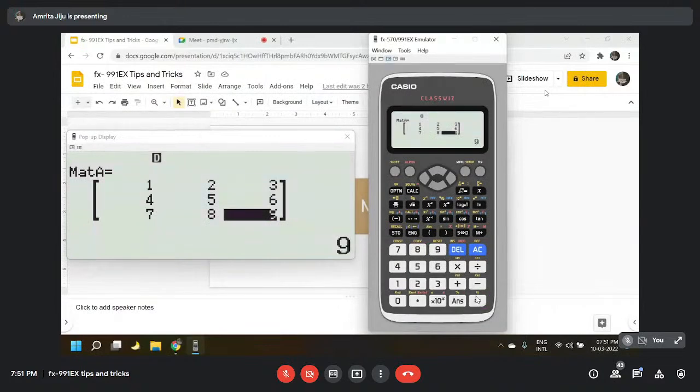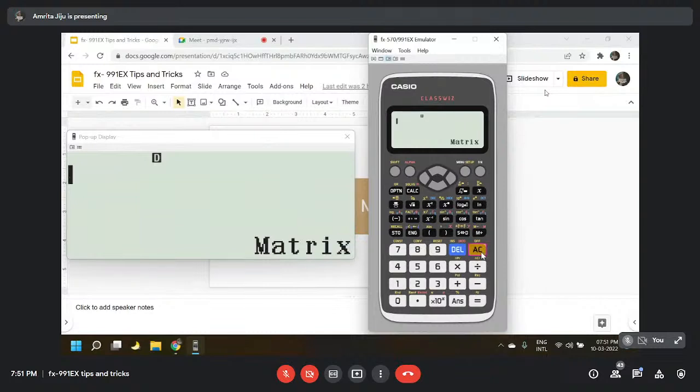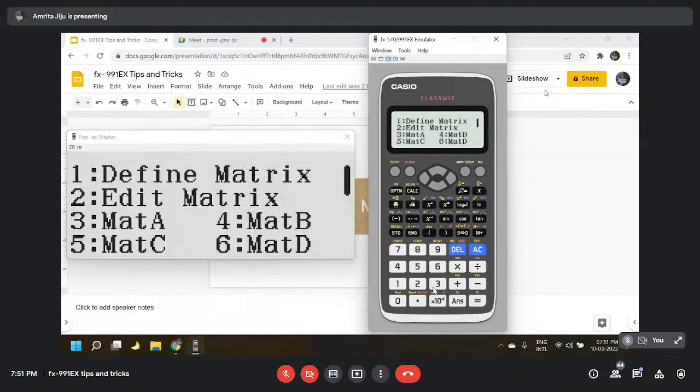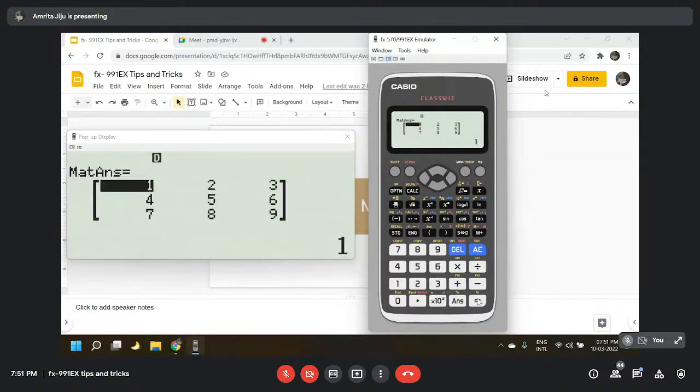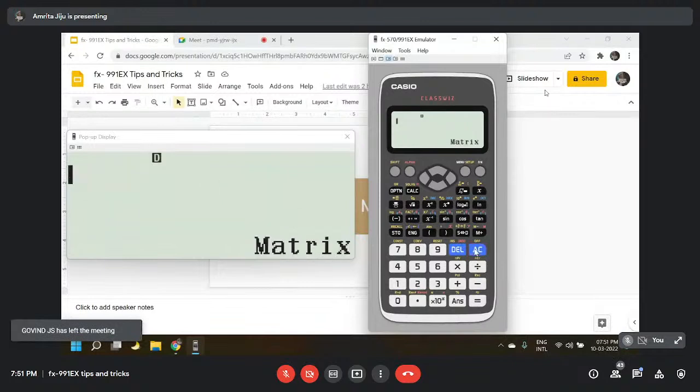Once it's filled, you can click the option button, take the matrix option 3, and you can find that your matrix is already inside.